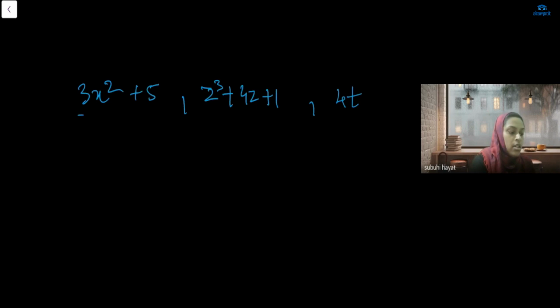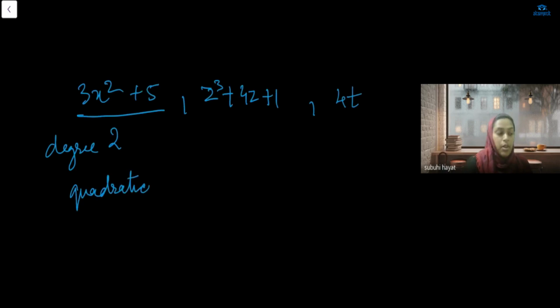If you see here, the highest power is 2, so the degree of the polynomial is 2, therefore it is a quadratic polynomial. Here the degree is 3, so it is a cubic polynomial. And here the degree is 1, so it is a linear polynomial.